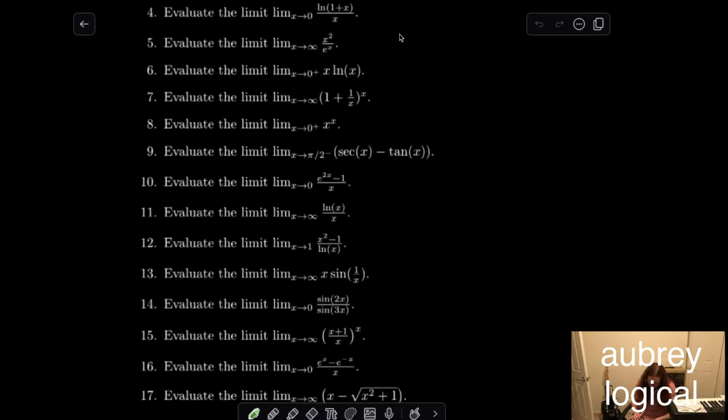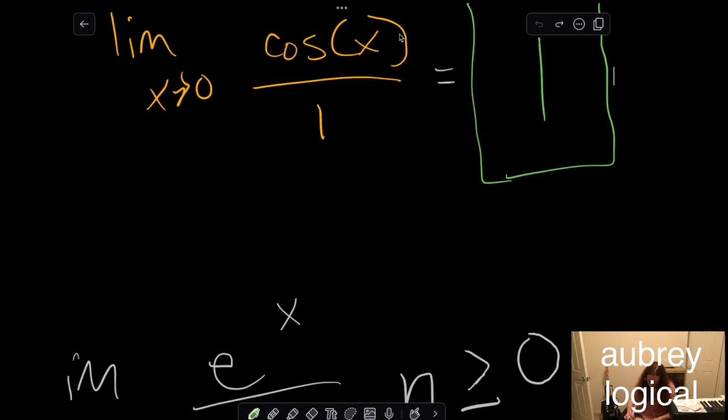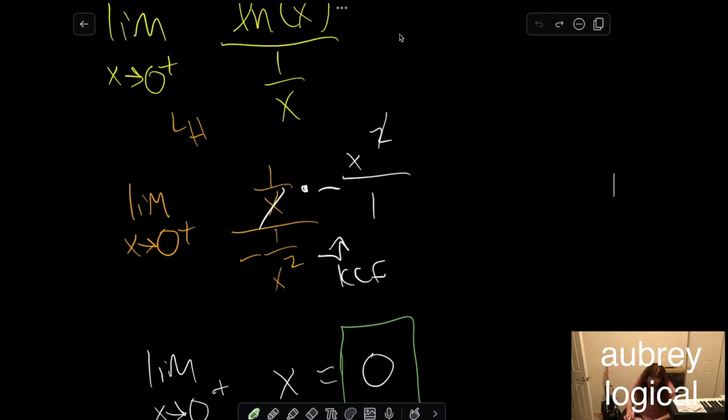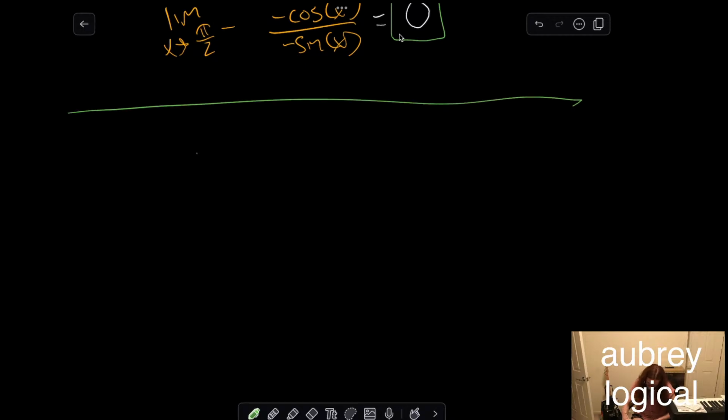Okay, so I just finished this one. So I'm going to do this one. E to the 2x minus 1 over x. E to the 2x minus 1 over x.